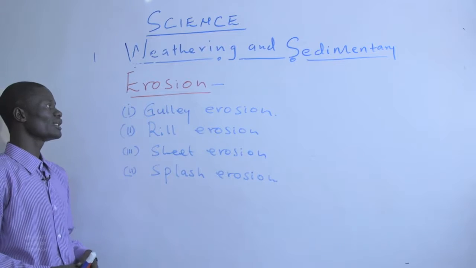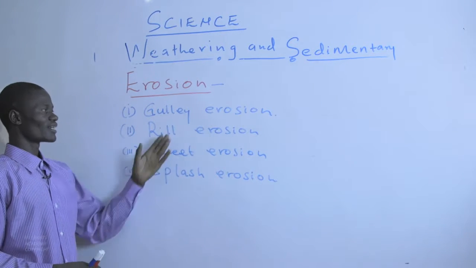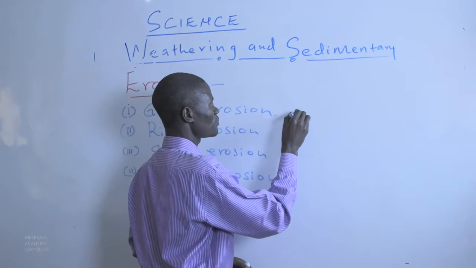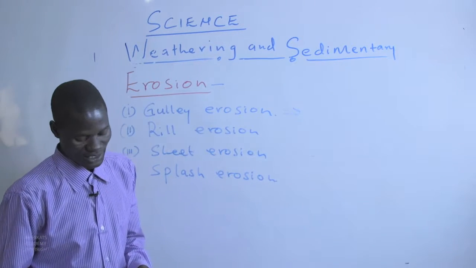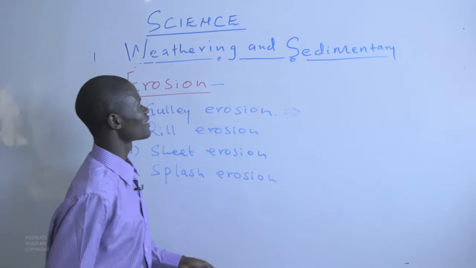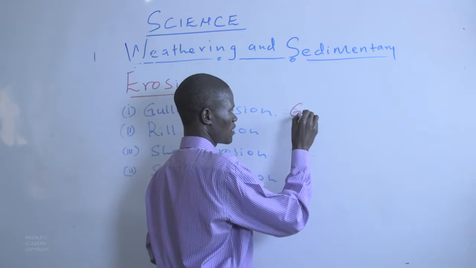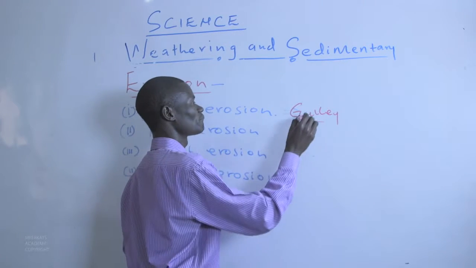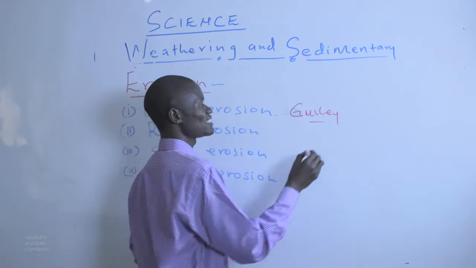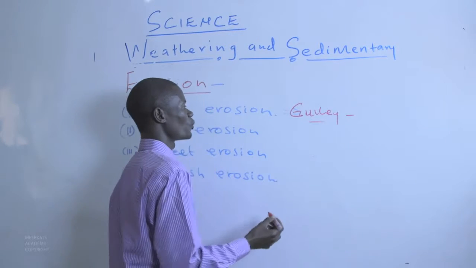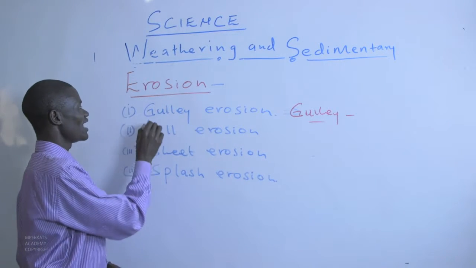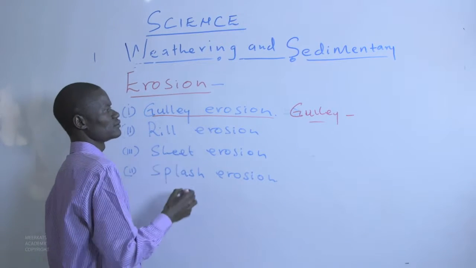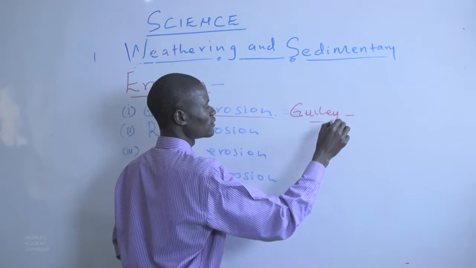For example, when we look at gully erosion, gully erosion happens where there are deep gullies, and it carries the materials which will be transported down, and it leaves behind a gully.